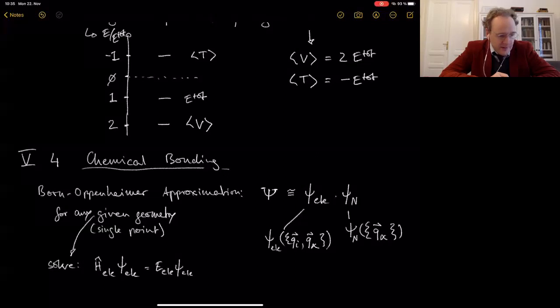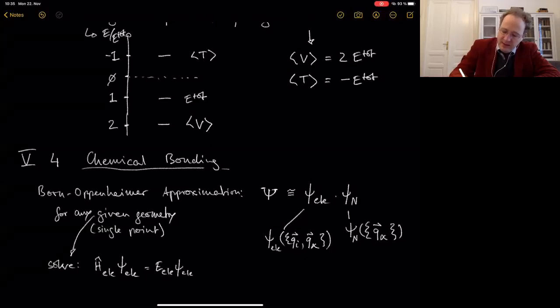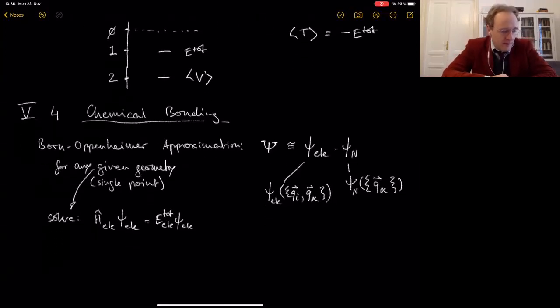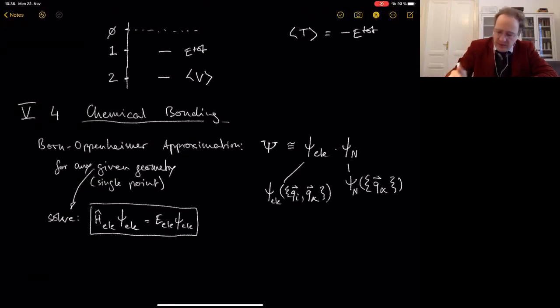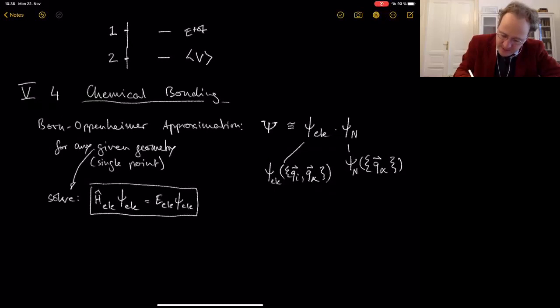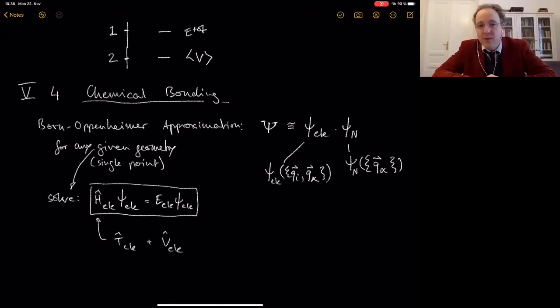This is E_elec, and let me call this E_tot. I'm sorry, this is not done. It's just the electronic part. That means, to clarify this further, this Hamiltonian here contains the kinetic part and a potential part.